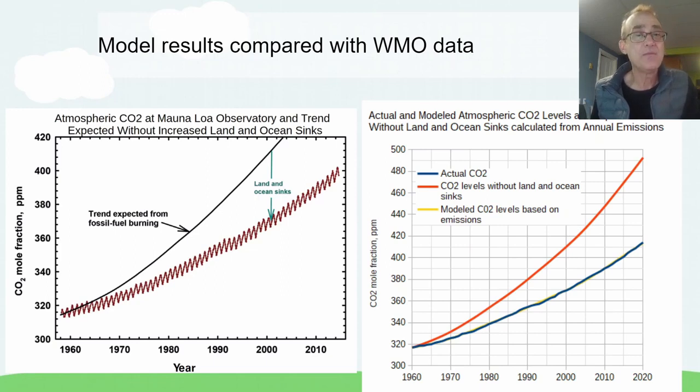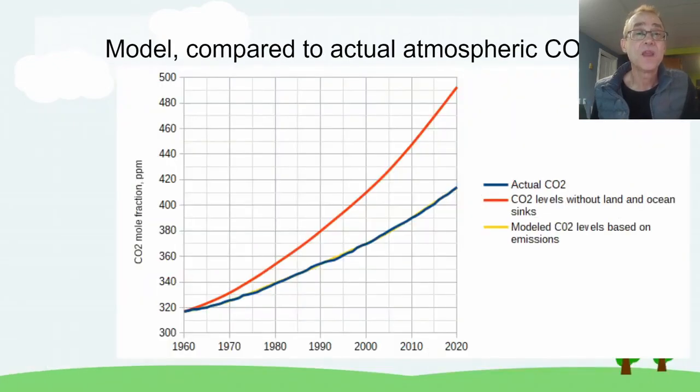Both A and B variables were adjusted until the best possible fit was found. The final results came out much better than I expected. By adjusting variables A and B, I was able to match the modeled atmospheric carbon dioxide levels extremely accurately, within 1.5%.